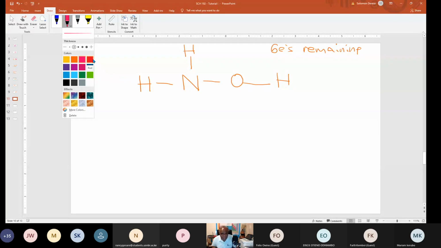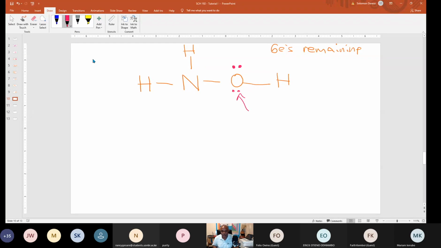When you look at this oxygen, it has got only 4 electrons that come as a result of the 2 single bonds. So it needs an additional 4 electrons to have an octet. So you put this one here. So 1, 2, 3, 4. 1, 2, 3, 4, 5, 6, 7, 8. Octet. We still have 2 electrons remaining.